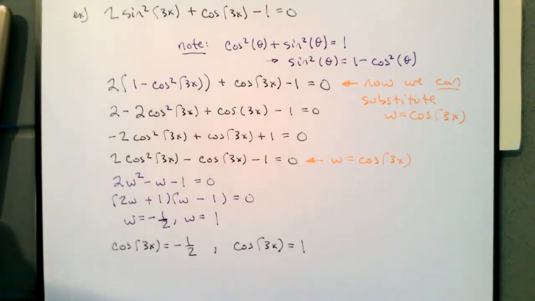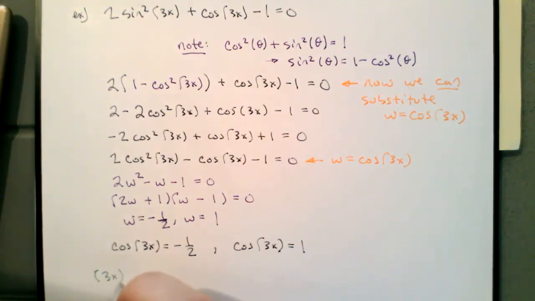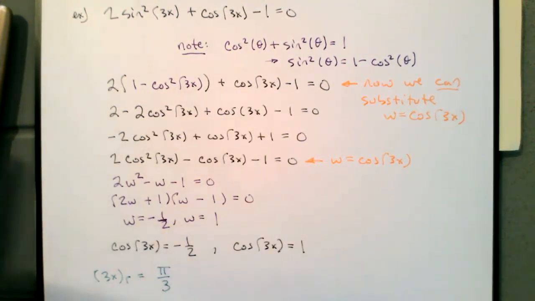We go for a reference angle. So the cosine inverse of 1/2 is going to be 60 degrees. So our reference angle for 3x is going to be pi over 3, because cosine of 60 is 1/2.